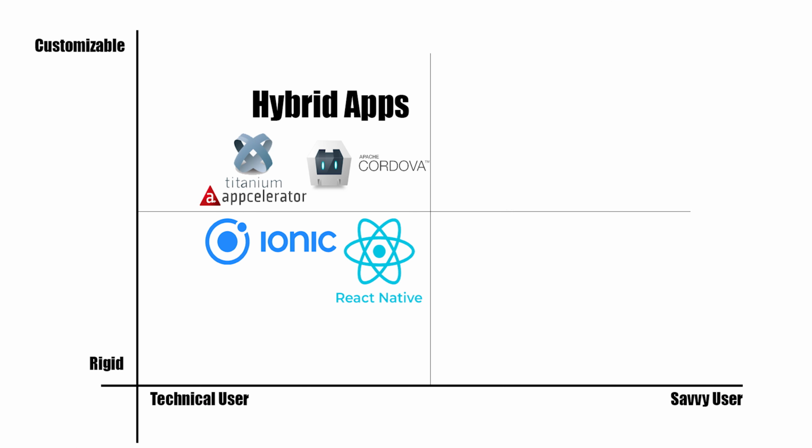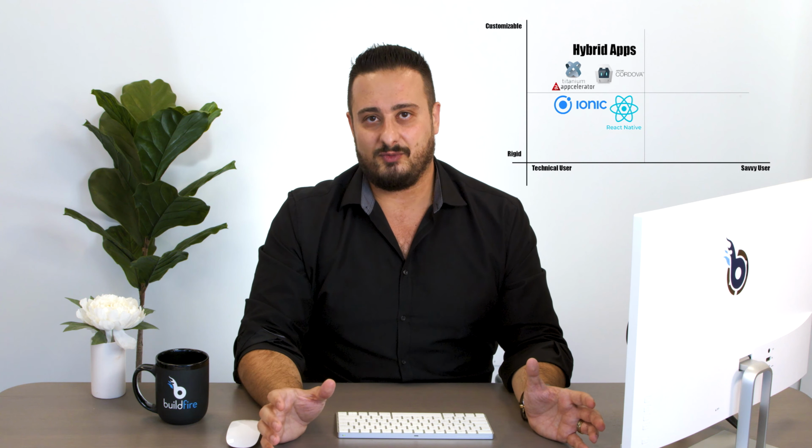So your second option are hybrid apps. Now, two major players in this area are Cordova and React Native, and both of these options need a little bit less technical resources. While you're still writing code, it's a single code base for both iOS and Android, which means you need less technical resources.